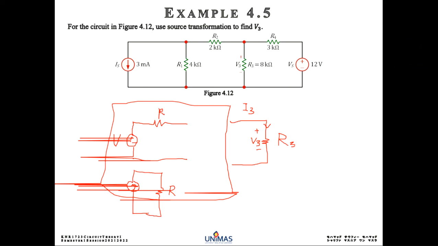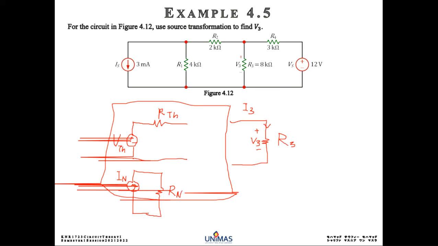This is the idea of what we are going to learn later, the Thevenin equivalent circuit, with a Thevenin voltage VTH and a resistor, which we call the Thevenin resistor. Or, instead of a voltage source, you can replace it with a current source I, called the Norton current, with the resistor RN, the Norton resistor.